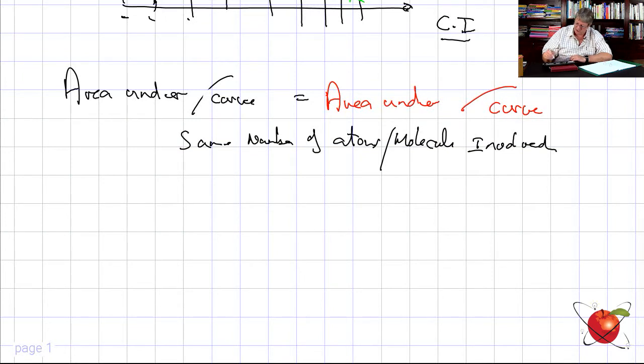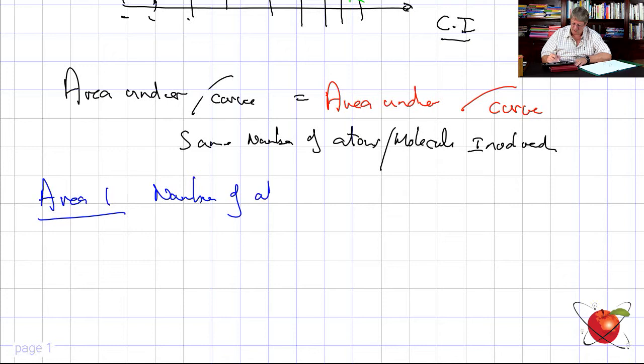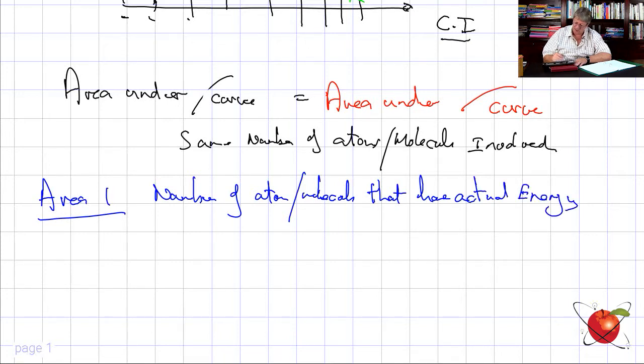All right? So now let me go back here. Okay, do it in blue. So area 1 is the number of atoms or molecules that have an actual energy above EA.